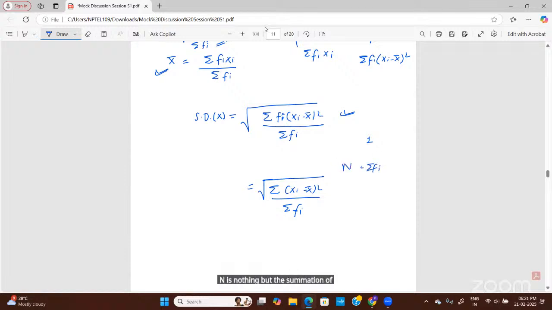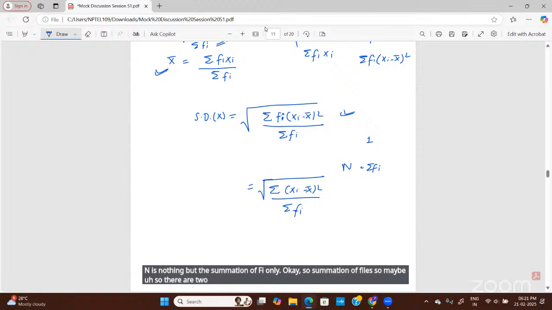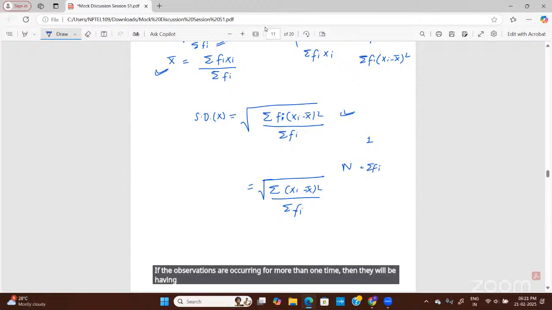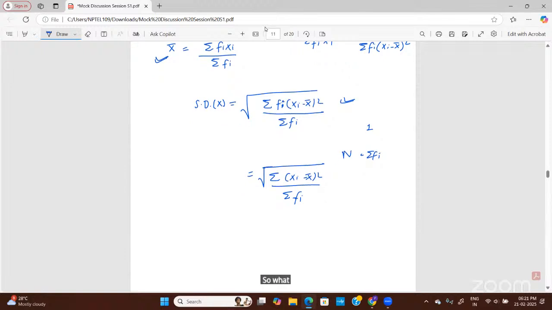There are two cases. Maybe observations are occurring one time only, in that case you will not be given the frequency. If the observations are occurring more than one time, then they will have some frequency. So we are just multiplying by 1 in that case.